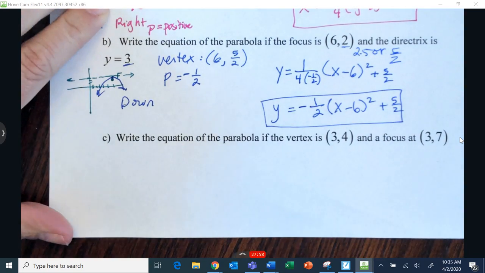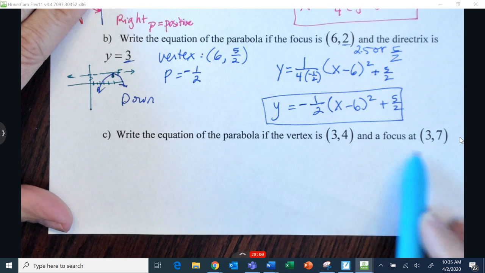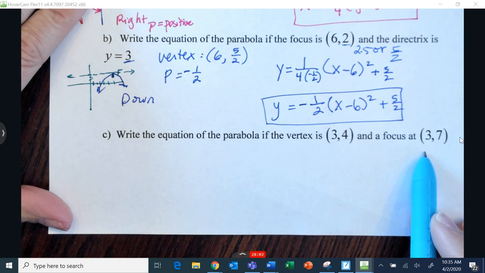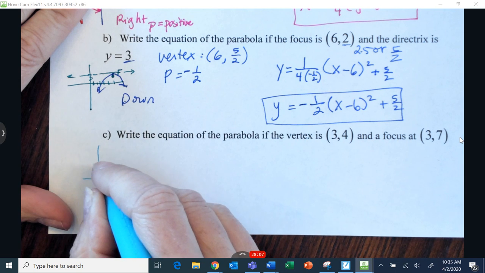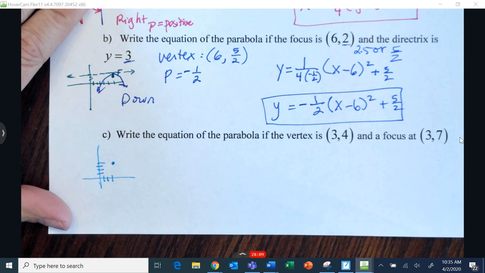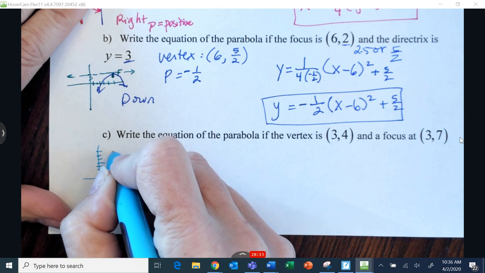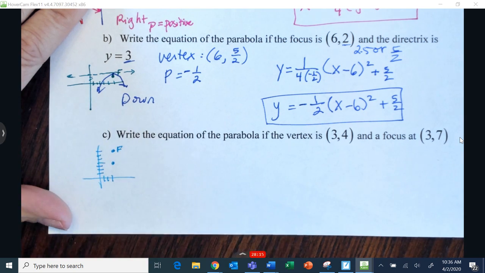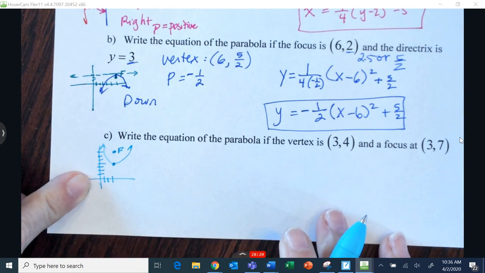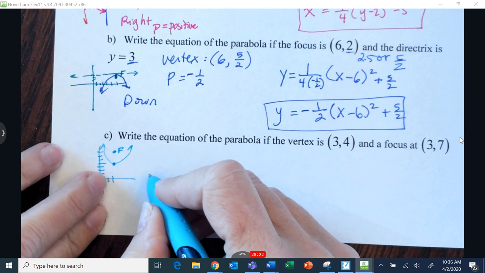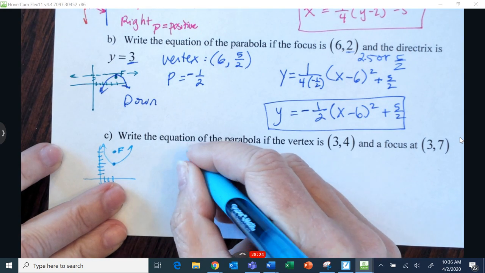Last question: write the equation of a parabola if the vertex is 3, 4 and the focus is at 3, 7. The focus is telling us that this parabola is opening up, so this parabola has to be a y equals equation.